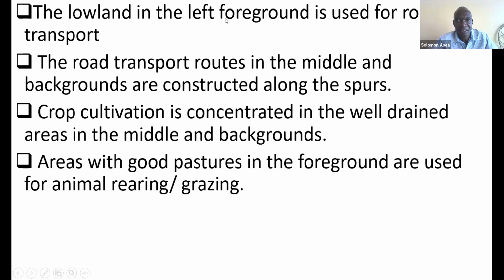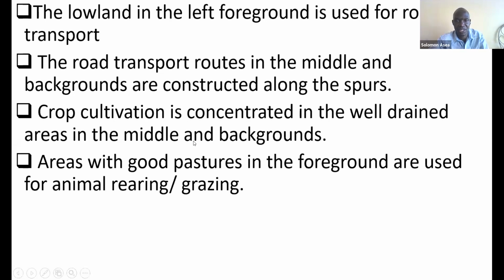So the location is the left foreground, and the activity is road transport. Then the road transport routes in the backgrounds are constructed along the spurs. Spur is relief, road transport is the activity, and the location is the background.